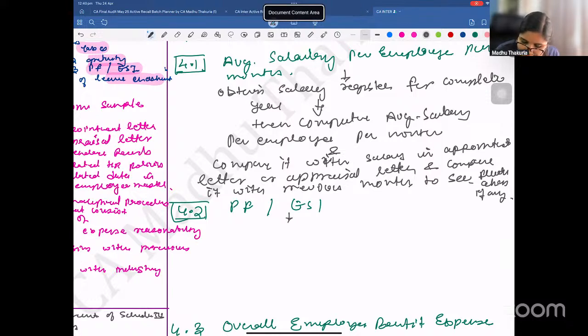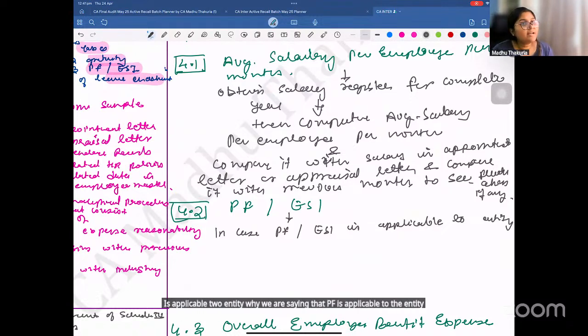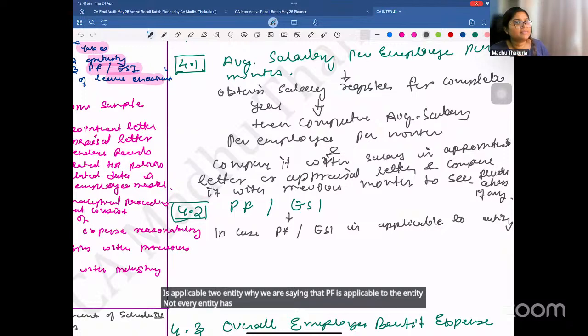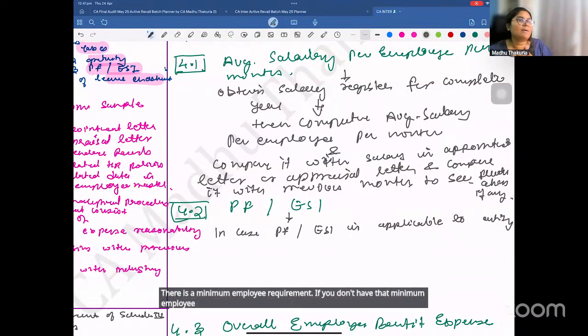Now, PF, ESI, in case PF or ESI is applicable to the entity. Why are we saying that PF is applicable to the entity? Not every entity has to deduct PF. Do you know the requirement when the entity should deduct PF? There is a minimum employee requirement. For example, think about my business.